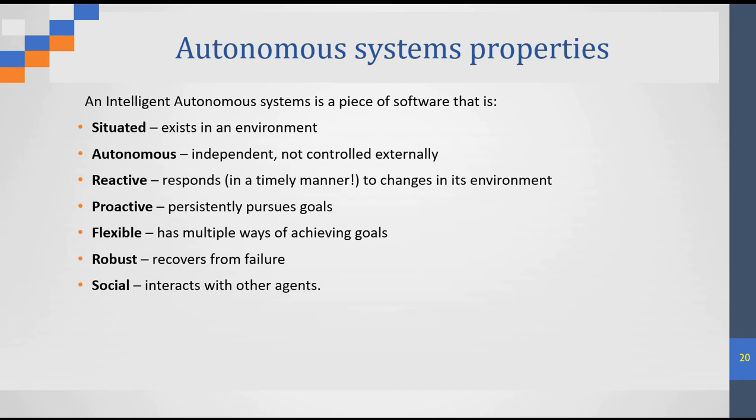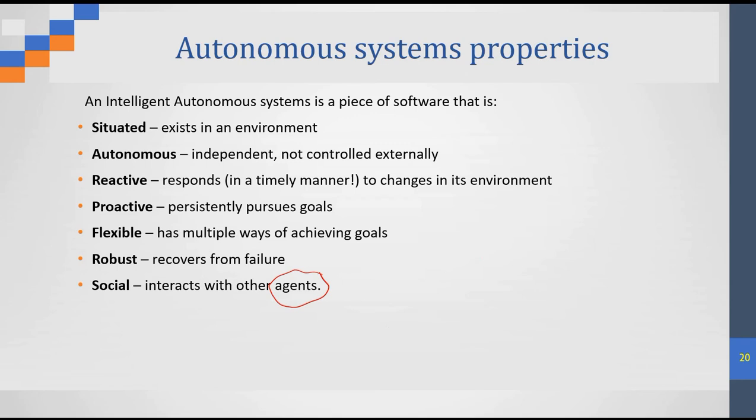It does not mean face a problem and then stop. No, you have to find a way in case there is some failure. Social is interacting with other agents. Some books, when they talk about autonomous systems, say agent. Especially in our series, they call it an agent.